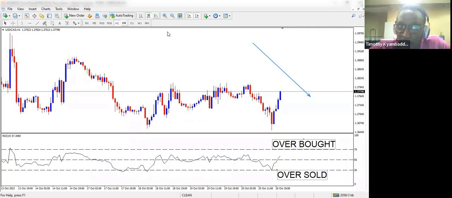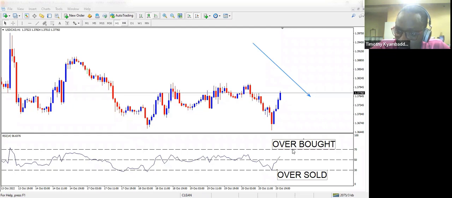I'll say that again. We know we're looking for action to the downside. So if you're using the RSI, you're waiting for the market to become overbought. So we're waiting for this RSI line to come near or at the 70 line, to be trading above the 70 line, and then we see it starting to come back down again.